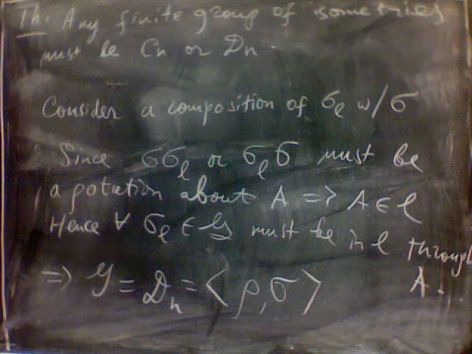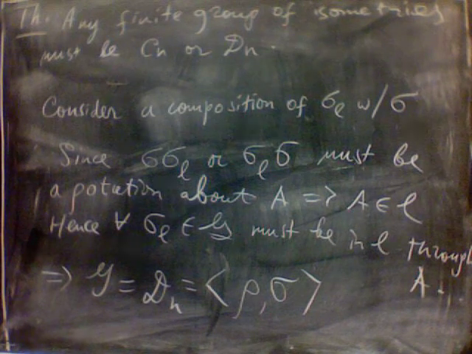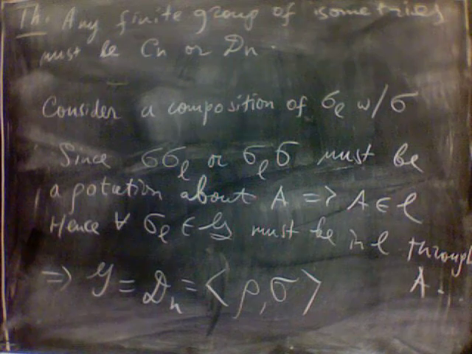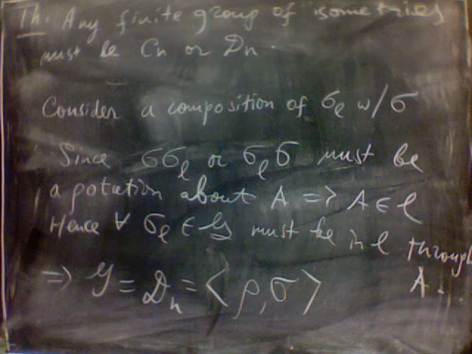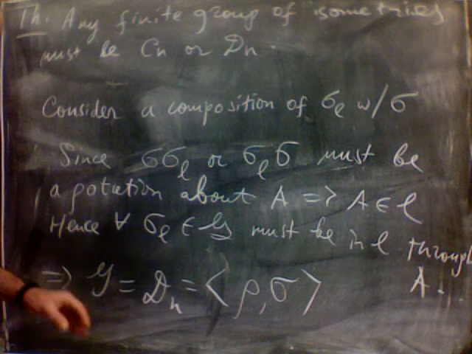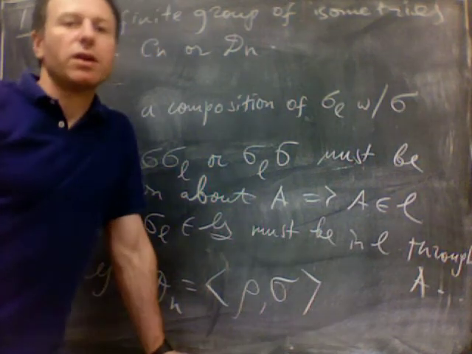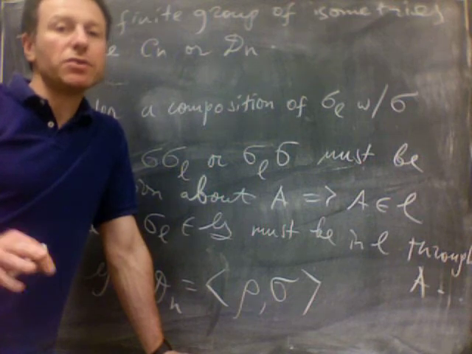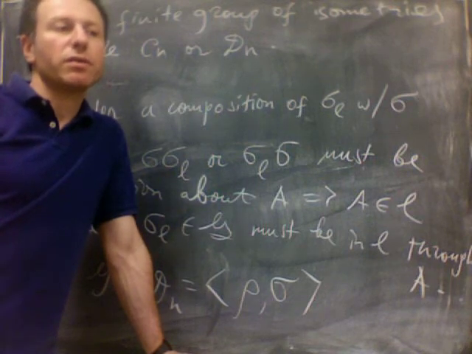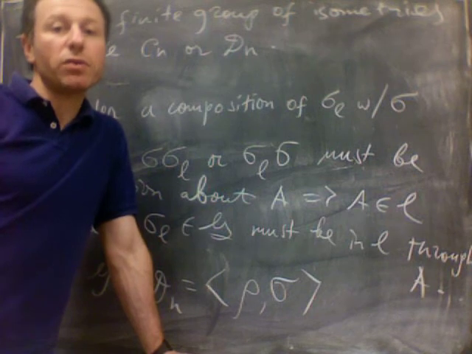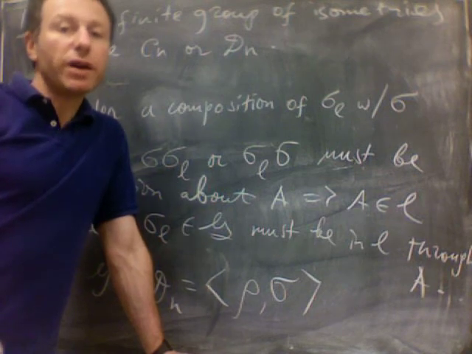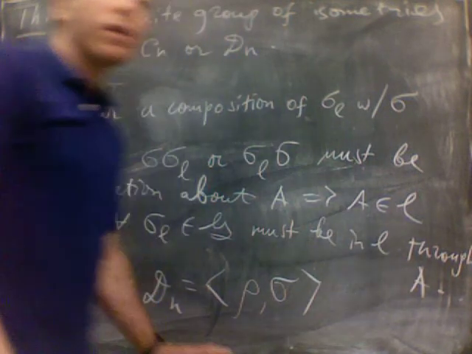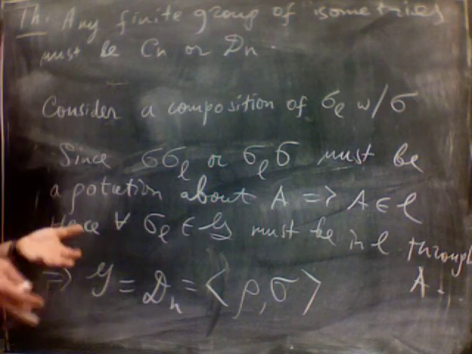Remember that we were discussing groups of isometries of polygons, when we were estimating how many isometries a polygon can have. So now we are not assuming that the polygon is a regular polygon. It could be highly irregular. All we care for is that it has a finite number of vertices.